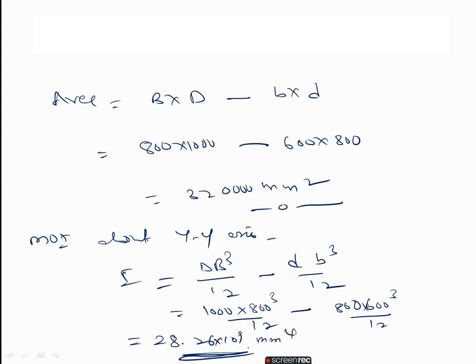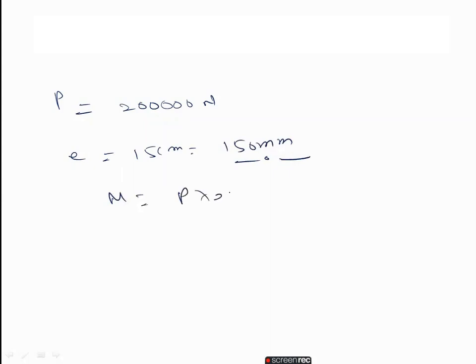Once you calculate this, the P value is the eccentric load given in the problem, that is 200,000 newtons. The eccentricity is 15 centimeters, that means 150 mm. We know that the moment M is P into e.